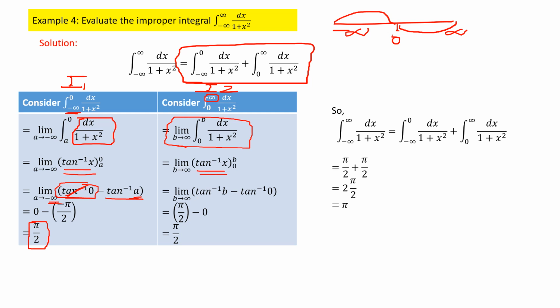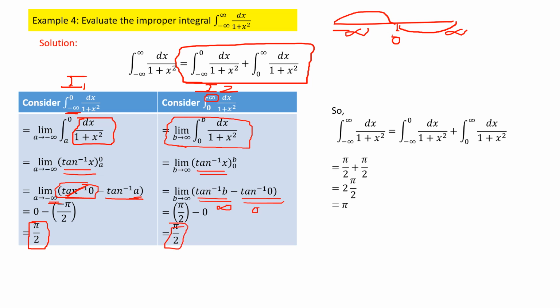Substitute upper limit b, it will give tan inverse of b. Substitute lower limit 0, it will give tan inverse of 0. Now we change b equal to infinity, so this will become tan inverse of infinity, which is pi by 2. Tan inverse of 0 will be 0. So infinity minus 0 will give you pi by 2.